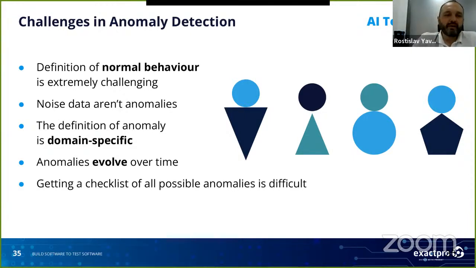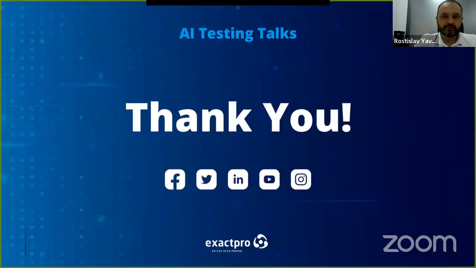So you never have this checklist. You need to apply some advanced techniques from statistics and machine learning. And this is exactly the topic of our second lecture, which is planned for next week. So welcome to AI Tasting Talks.